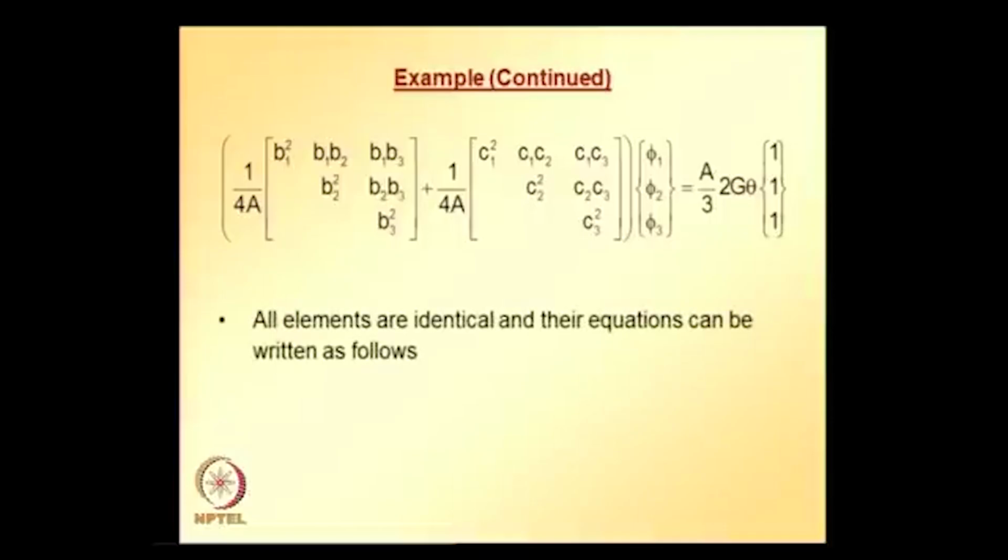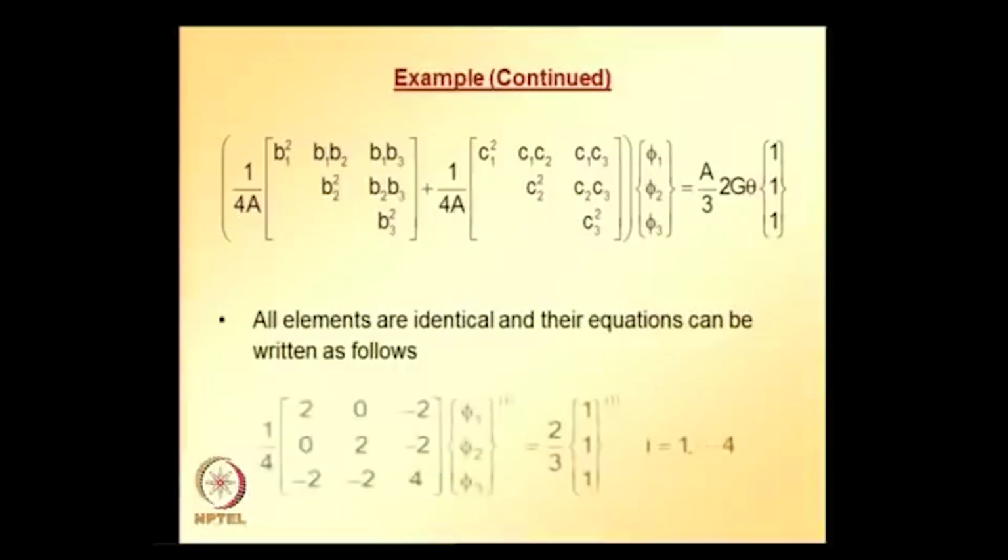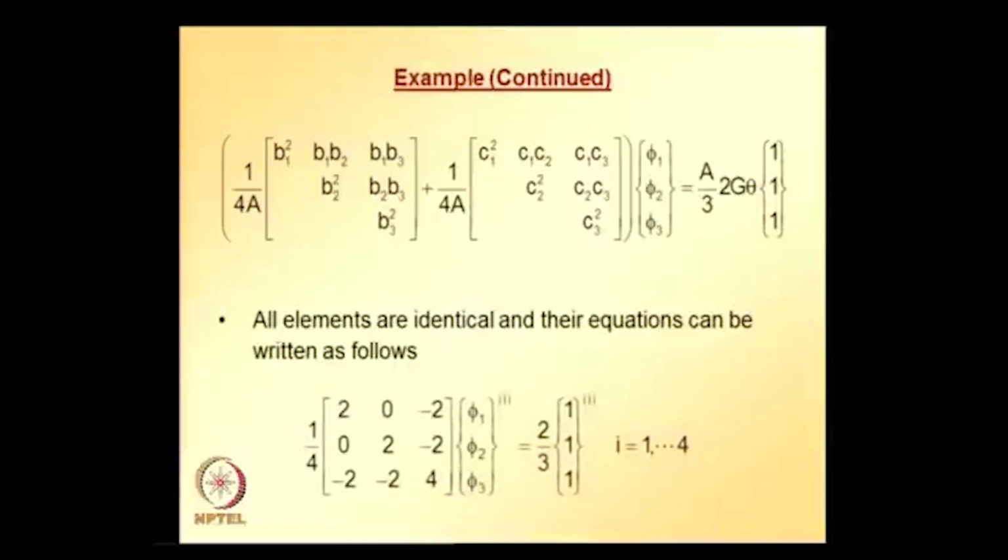All elements are identical and their equations can be written as follows. And here phi 1, phi 2, phi 3 are in the local coordinate system. Locally these nodes 1, 2, 3 can be different globally depending on the local to global node numbering mapping.